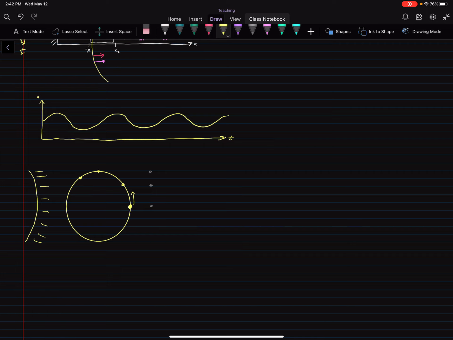We'll do in between, so here, and so then the shadow is here, right? So you can see what I'm doing here. The projection of a particle traveling in a circle is a particle traveling back and forth on a line.